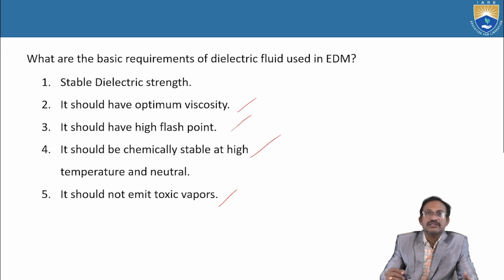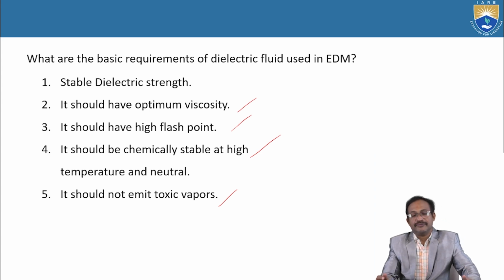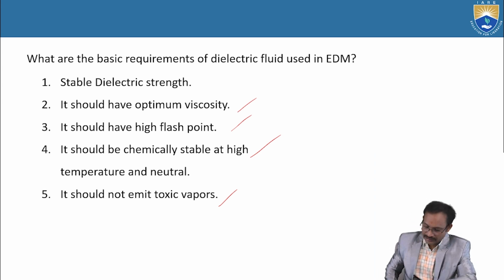Obviously, any chemical reaction can produce toxic vapors, but in electro discharge machining, the dielectric fluid medium should not emit toxic vapors, so we have to select such dielectric fluids. These are the basic requirements of dielectric fluid used in EDM.